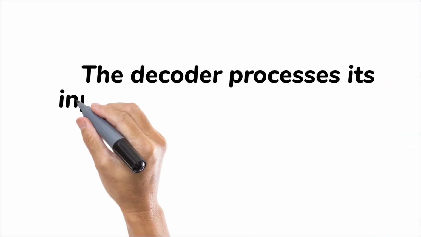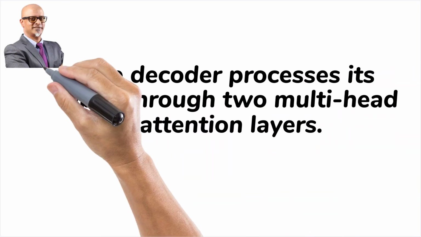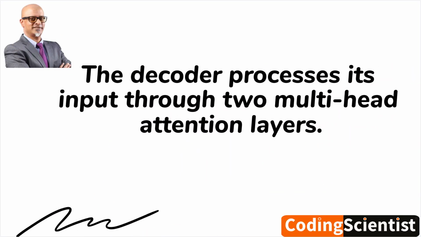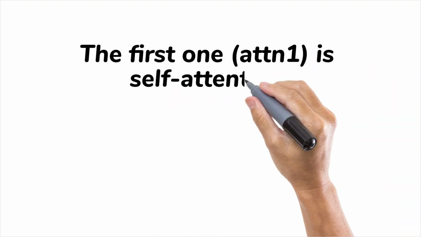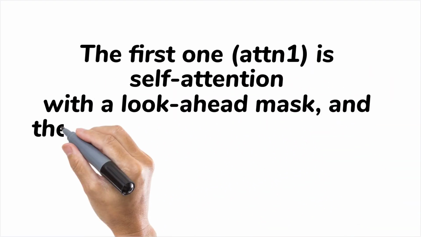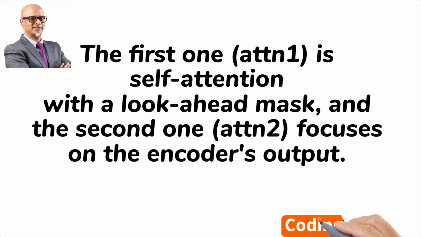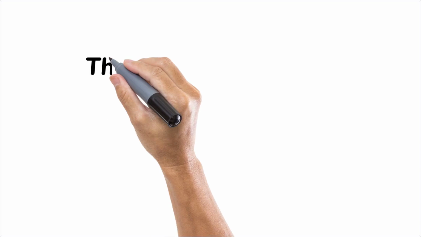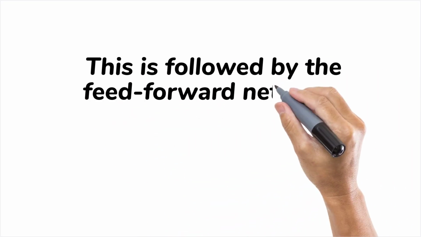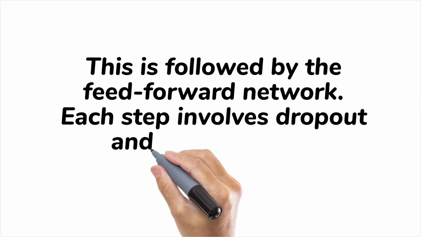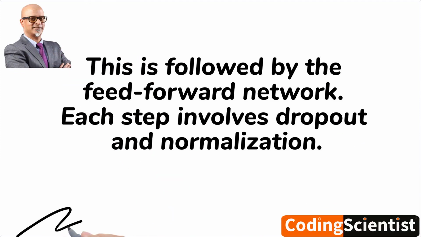The decoder processes its input through two multi-head attention layers. The first one, attention 1, is self-attention with a look-ahead mask, and the second one, attention 2, focuses on the encoder's output. This is followed by the feed-forward network. Each step involves dropout and normalization.